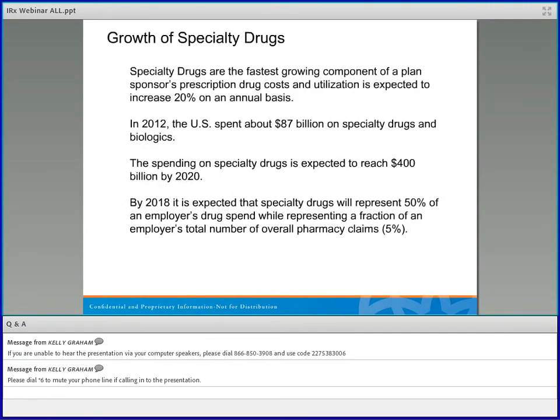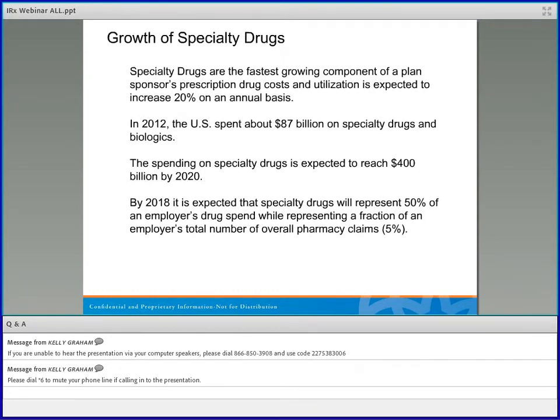As most of you have probably experienced, and have read in the press, there's been a tremendous growth in the cost of specialty drugs and the use of specialty drugs over the last several years. I remember, when I started at CVS Caremark about 12 years ago, the specialty drug list was sort of an afterthought to the PBM contract, and there were very few drugs really included on that list, other than probably something for rheumatoid arthritis or MS and a few other drugs for hemophilia.